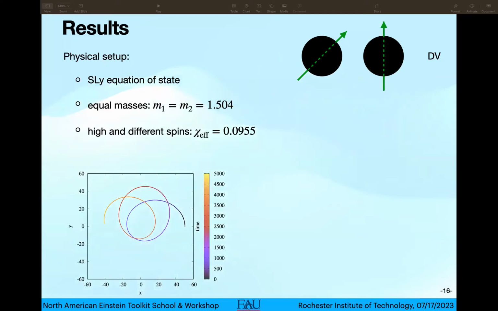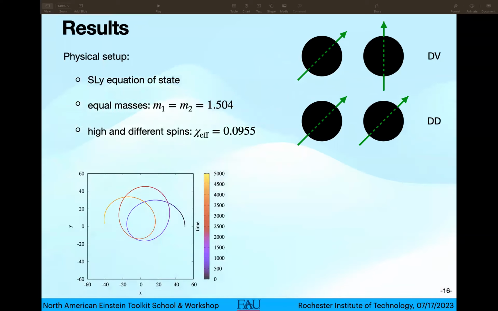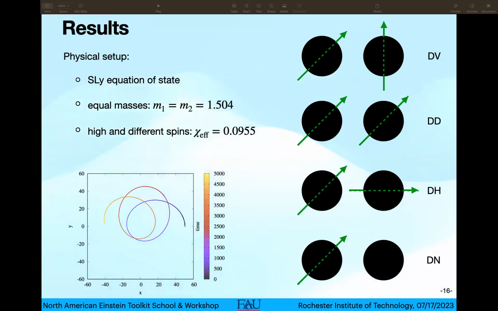So that's the first configuration, diagonal vertical. The second is diagonal diagonal, diagonal horizontal, and diagonal none. So we would like to basically investigate these kinds of spin orientations with the highly eccentric case, in this case just 0.45.